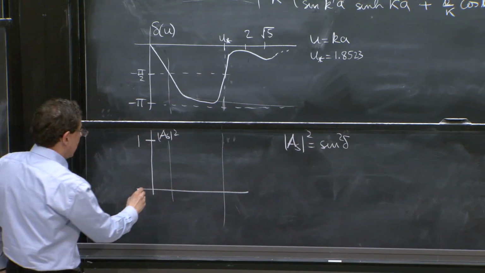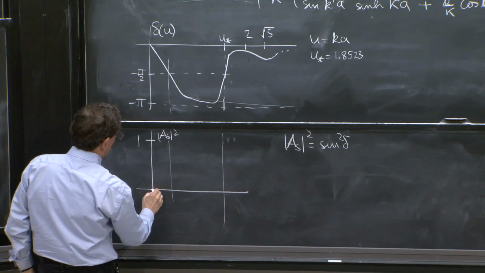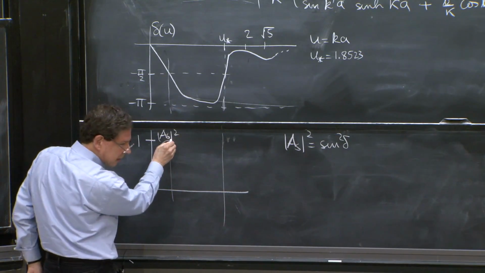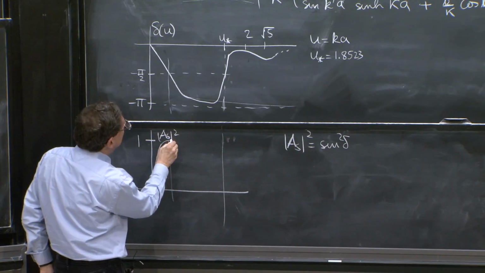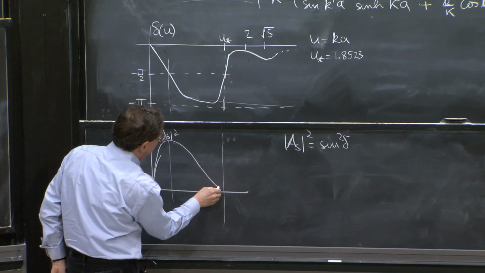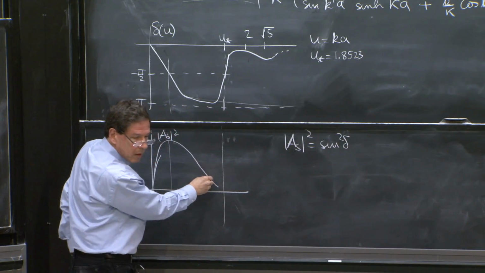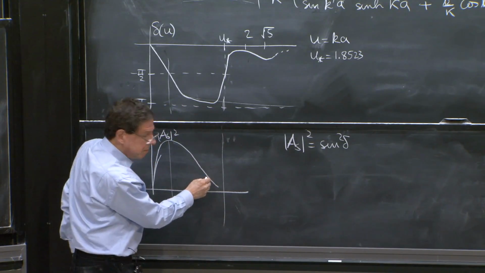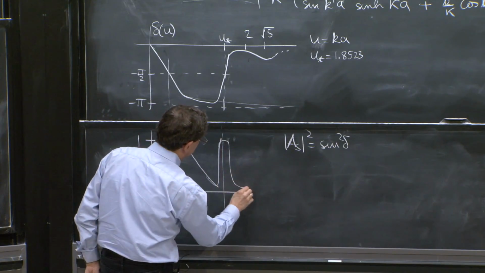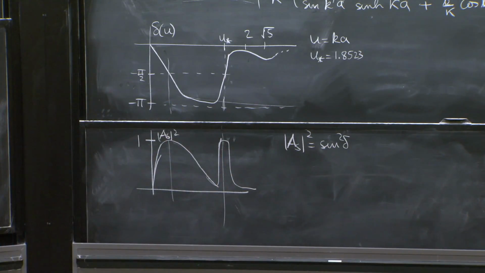So here it goes like this. It's going to go up like this, and broadly go down, and then very sharply, more sharply at least, go up again, something like that.